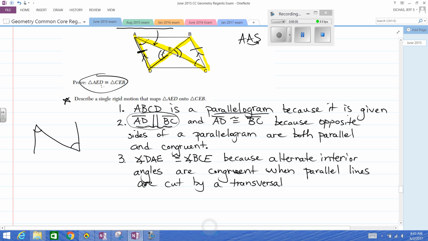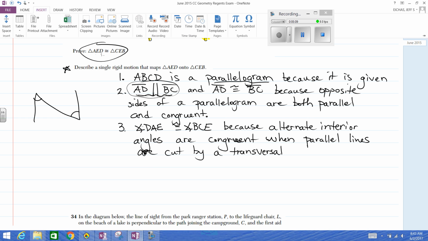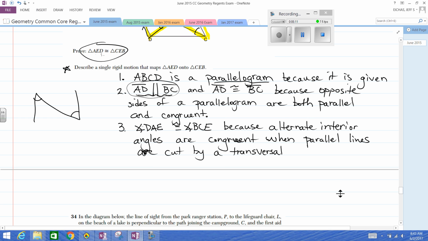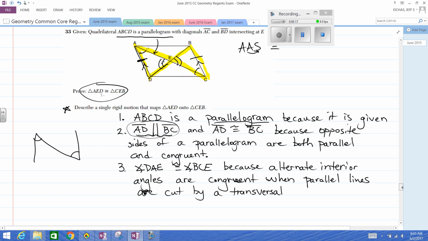If I'm scoring it, I'm going to let you get away with alternate interior angles theorem, but not all teachers will. So just to play it safe, let's explain what that is. Alternate interior angles are congruent when parallel lines are cut by a transversal.